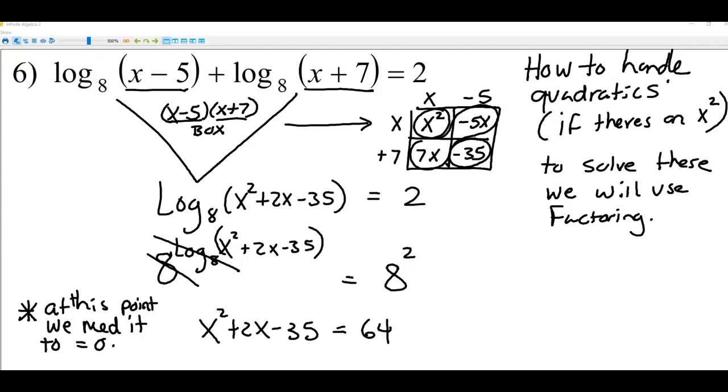I can get rid of the 64 if I just subtract it, yeah. So you'll probably just have to add or subtract to get rid of that number over there. But this is going to be, now it's 0. That's going to be negative 99. So now I've got x squared plus 2x minus 99 equals 0.